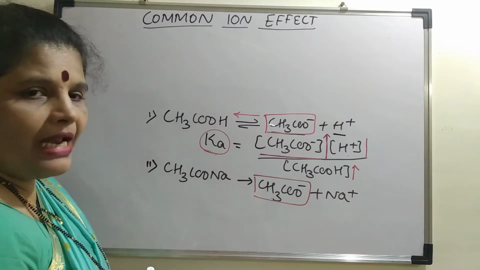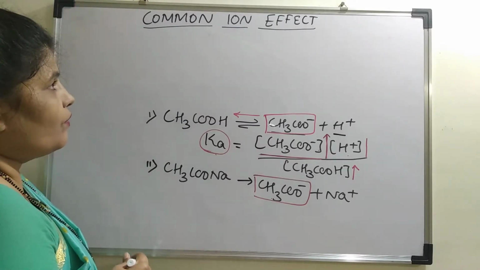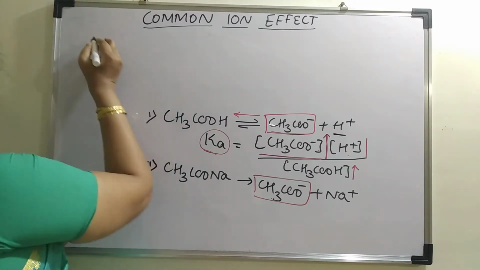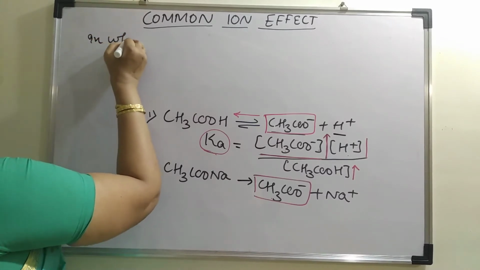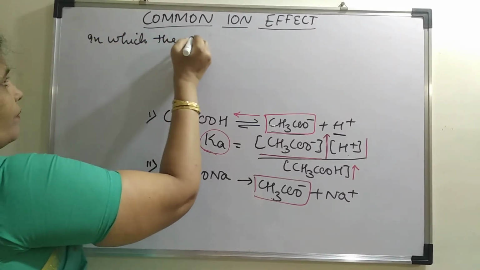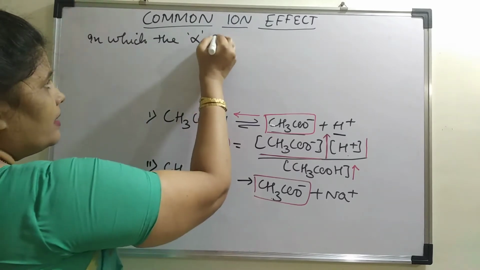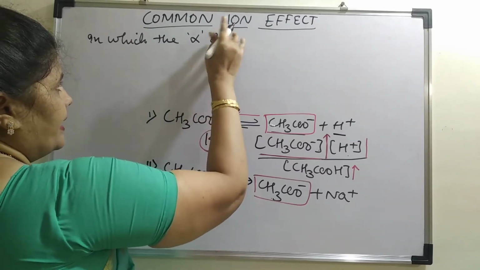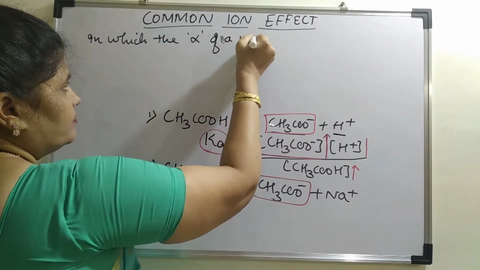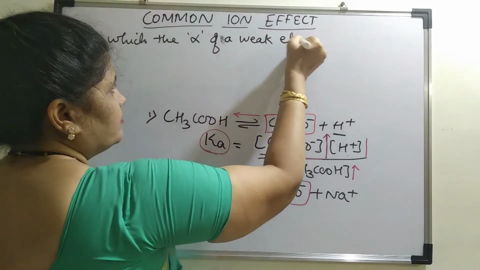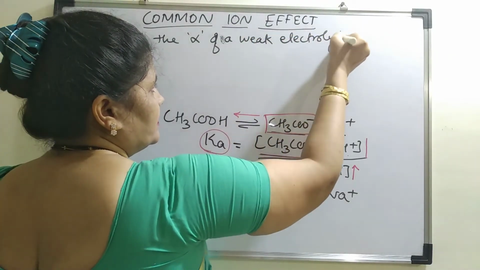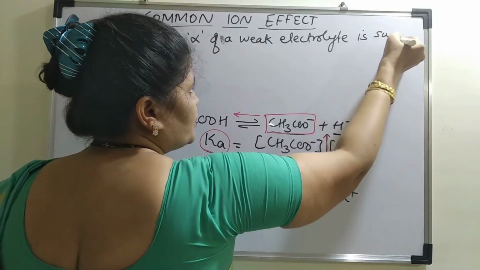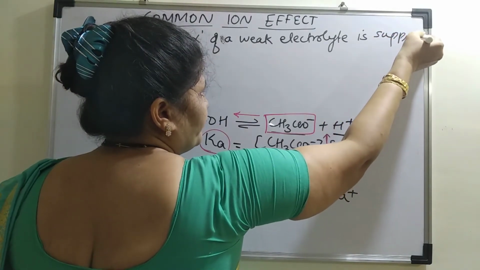So what is common ion effect? Common ion effect, of course, is a phenomenon in which the degree of dissociation, that is alpha, of a weak electrolyte is suppressed. How is it suppressed, students?